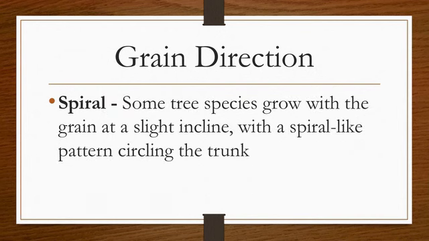Spiral: some trees grow with the grain at a slight incline, with a spiral-like pattern circling the trunk. You ever notice on some wood that you see this spiral-looking curly thing in the lines? The grains in the cut wood are those lines that you see in all woods.